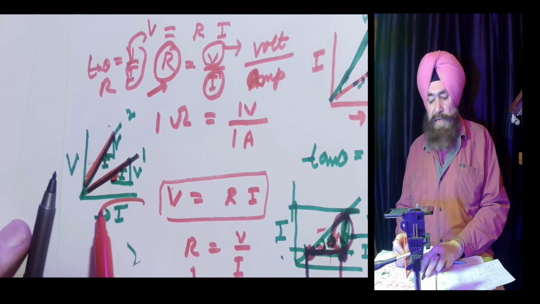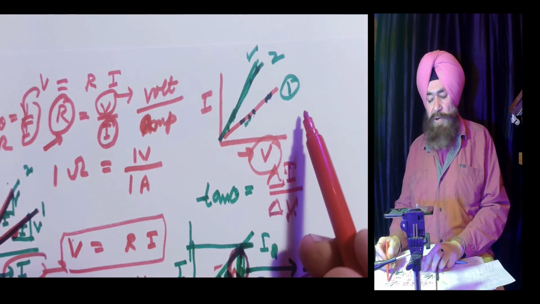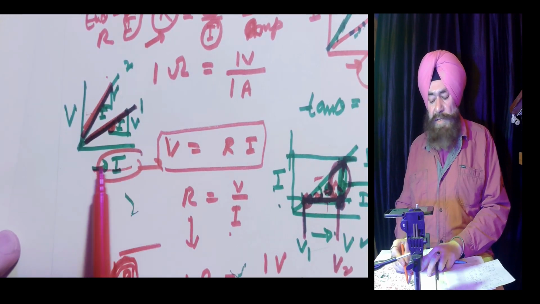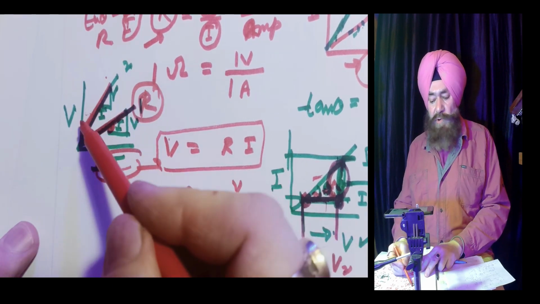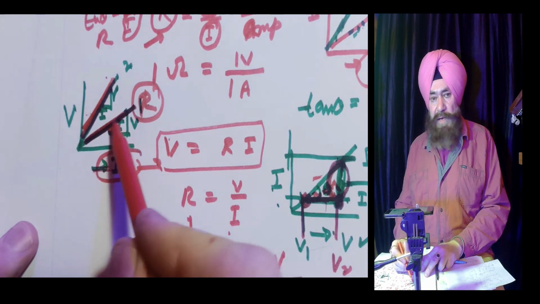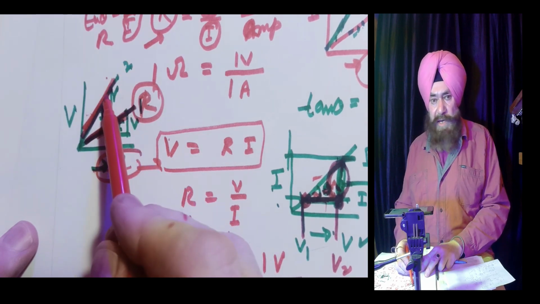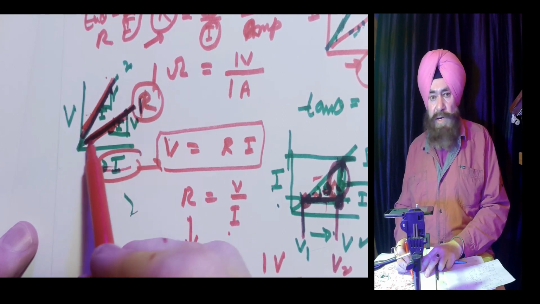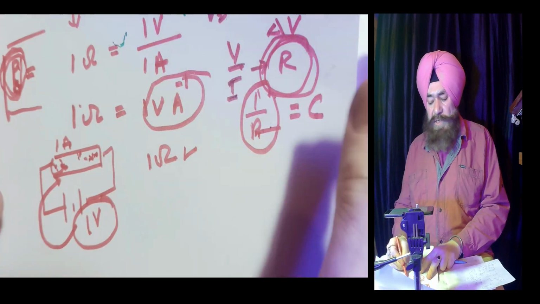So if along this side it is I, if along this side it is voltage, then slope is conductance. If this side it is current, then slope is resistance. That line 2 is having more resistance. Line 1 is having less resistance. That means 2 has more resistance, less conductance. Here less resistance, but more conductance. So keep in mind.